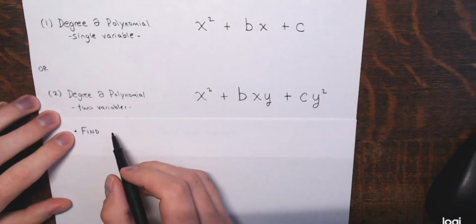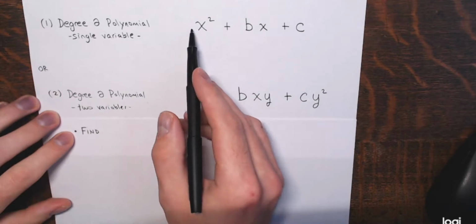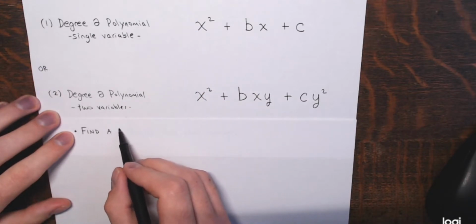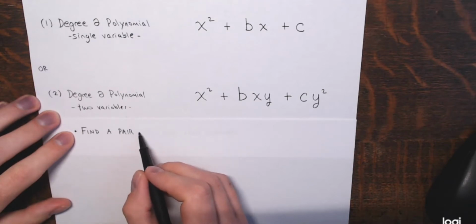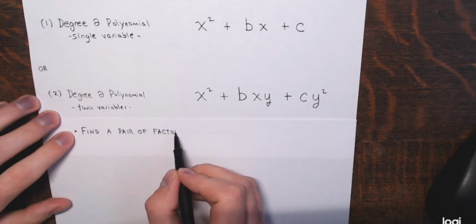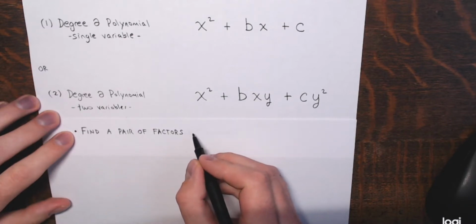But for right now, when the lead coefficient is 1, like this, we're going to find a pair of factors, let's say I call them m and n.